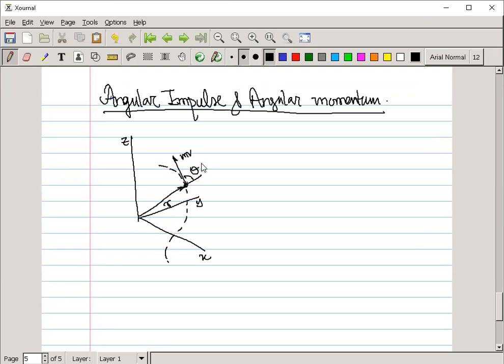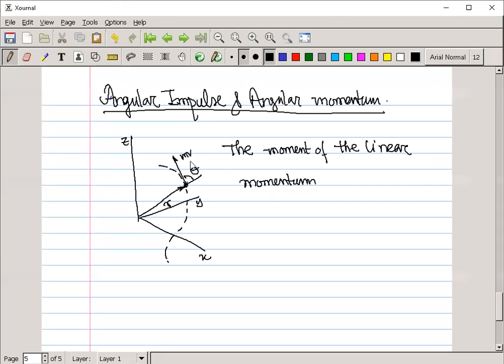The concept or the principle is that the moment of the linear momentum, mv, is itself a vector.